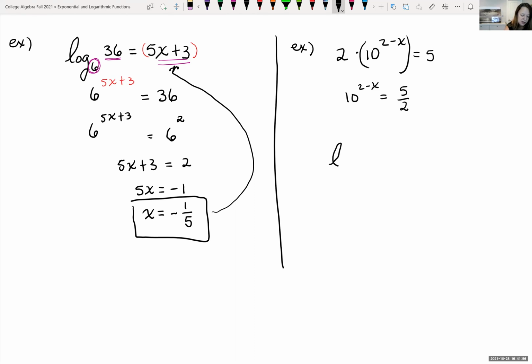The base of our log is going to be the base of our exponential, so we have 10 here. Log of 5/2 equals, this is always equal to the exponent, so our exponent in our case is 2 - x.